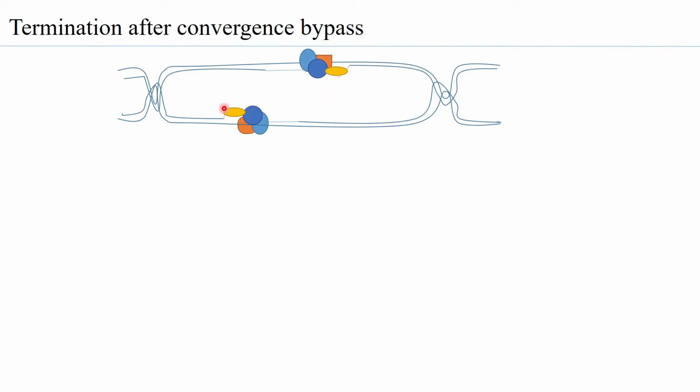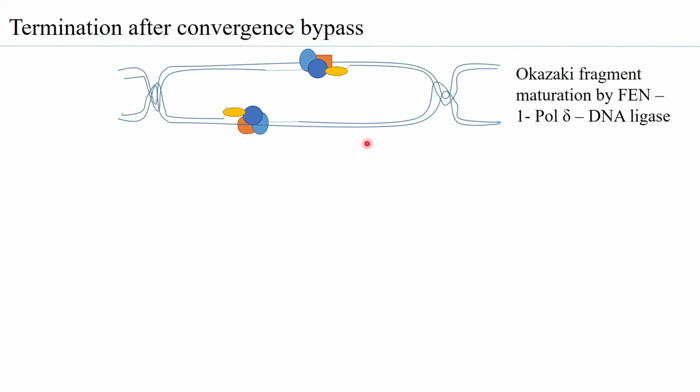So the RNA primer portion is removed, and once that is removed, the same DNA pol delta continues to synthesize, that is, fill up the gap that is formed because of the RNA primer being removed. This gap is filled up by this replisome machinery, and this gap is filled up by this replisome machinery.